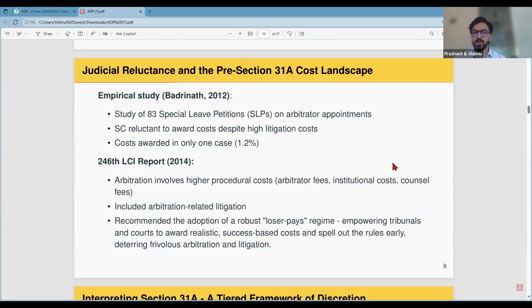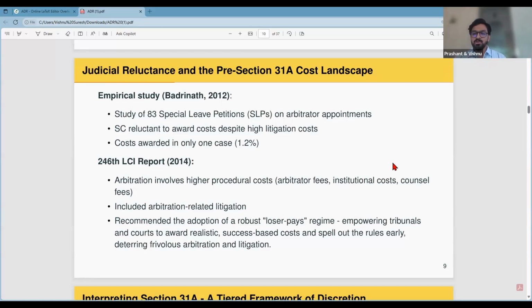An empirical study of 83 SLPs before the Supreme Court with relation to arbitral appointments, by Badrinath, observed that cost was imposed in only one case, despite the high litigation cost.